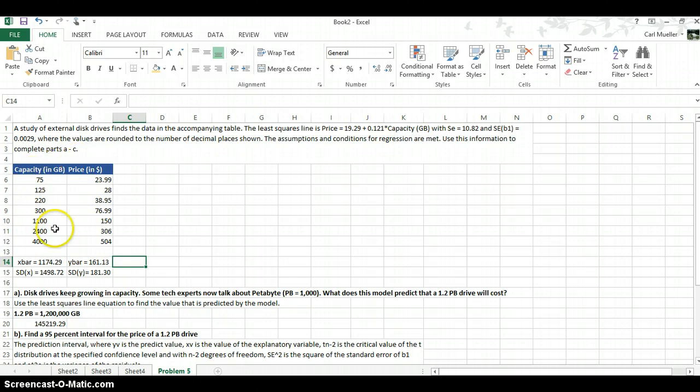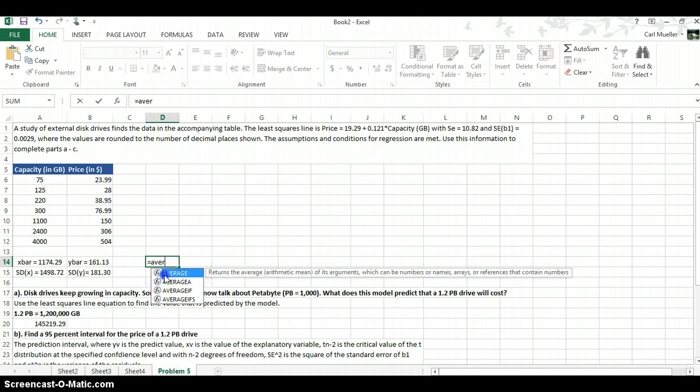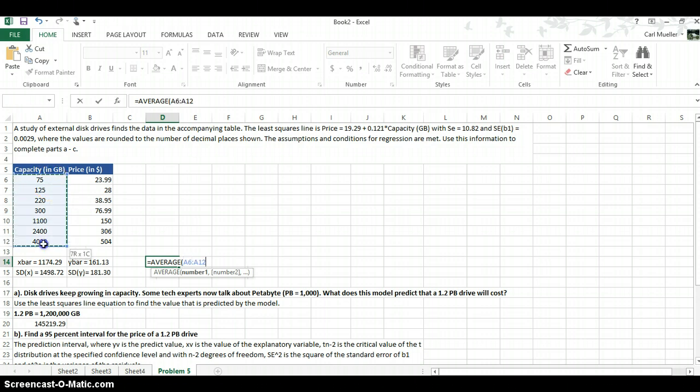So this is the data that we have. You can see the scrolling of capacity in terms of memory and the respective prices. X bar and your standard deviations, if you remember from a while ago, are pretty easy in Excel. For X bar, which is essentially the mean, you just type average and close the parentheses.